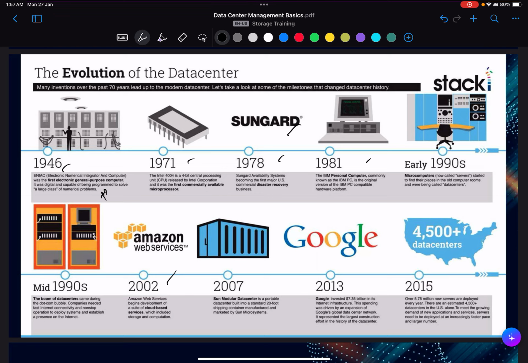And then 2015, over 575 million new servers are deployed every year. After that, there is an estimate of 45,000 plus data centers in the US alone to meet the growing demand of new applications and services. Servers need to be deployed at an increasingly faster pace, and a larger number of new servers are deployed.